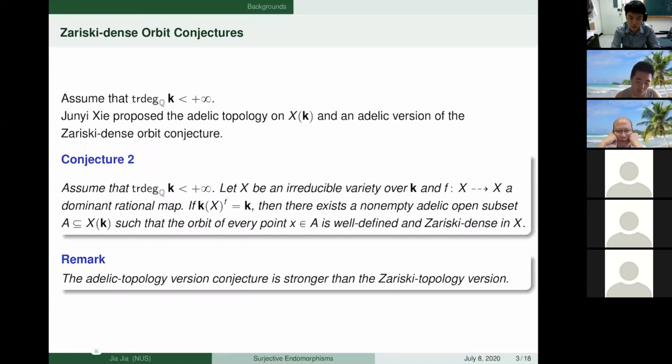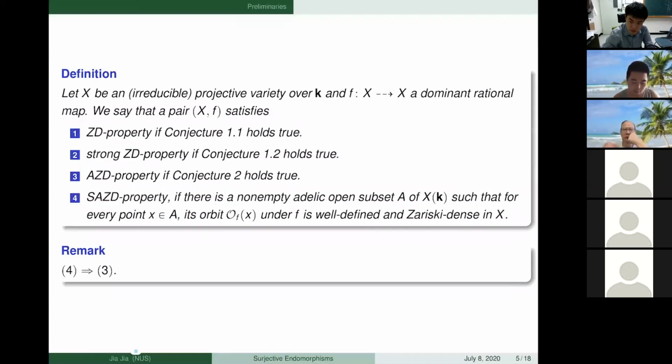In Conjecture 2, we assume the Kodaira dimension of F equals K. Then we have this long claim. But in the SAZD property, we don't assume the Kodaira dimension of F equals K. So in particular, the SAZD property implies the AZD property.